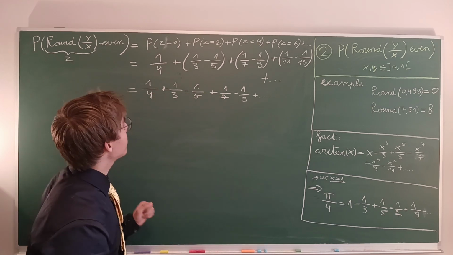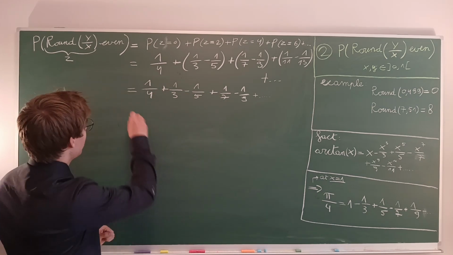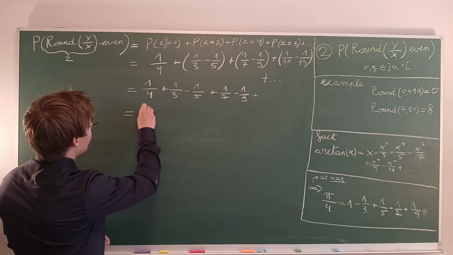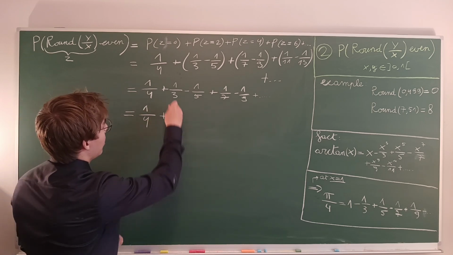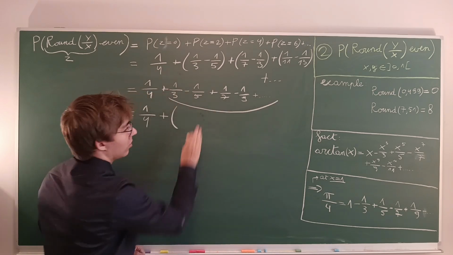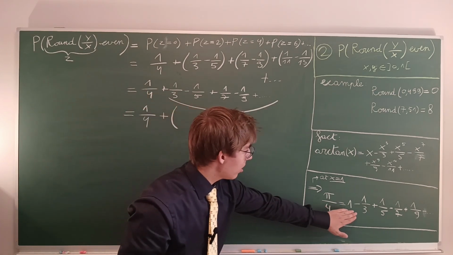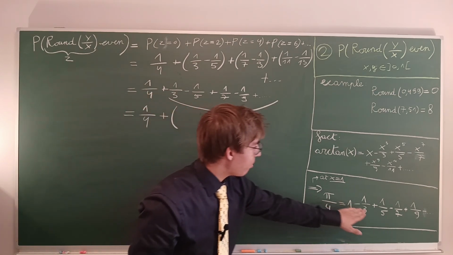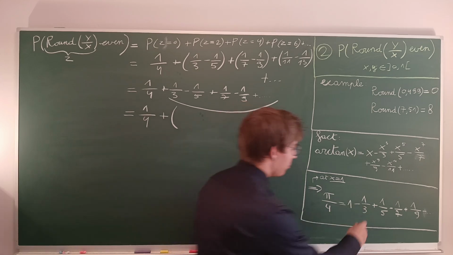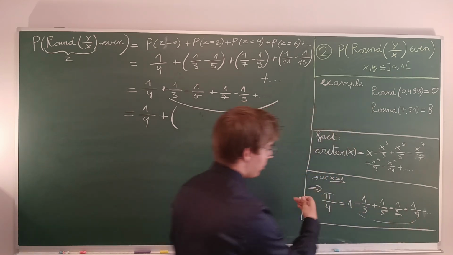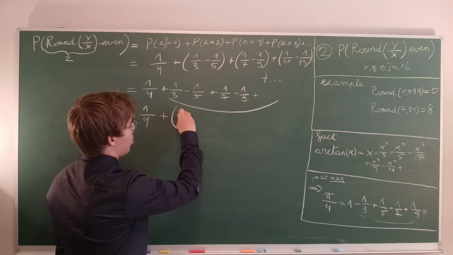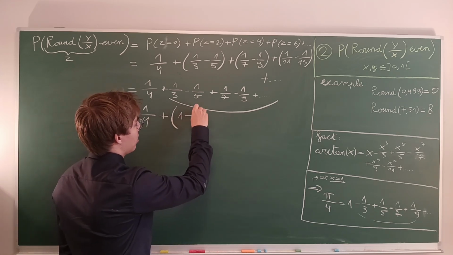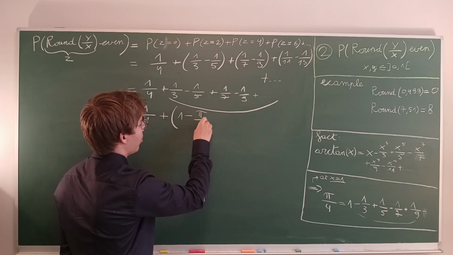We can now use this in our sum, because this is equal to 1 over 4 plus, and this part we can replace by 1 minus pi over 4 if we put all this to the other side. So this is plus 1 minus pi over 4.